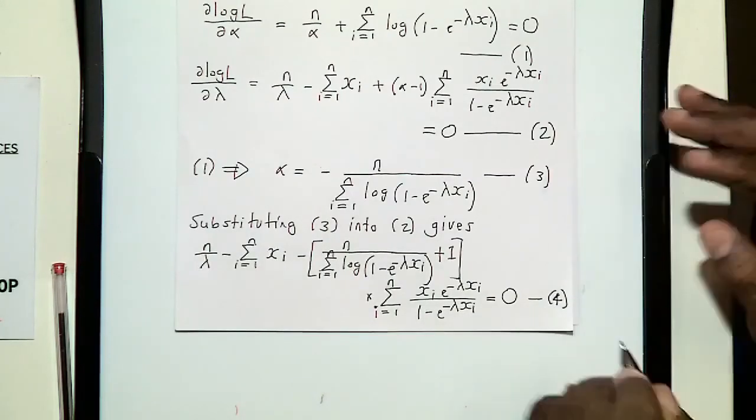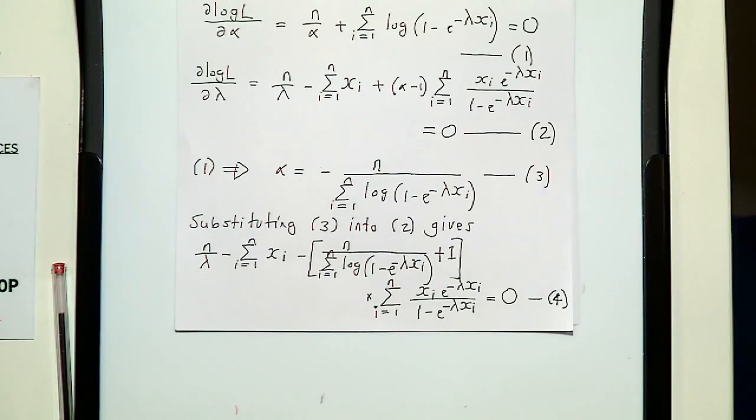Now if you look at equation 4, you see that there is only one unknown parameter in equation 4, which is lambda, right?